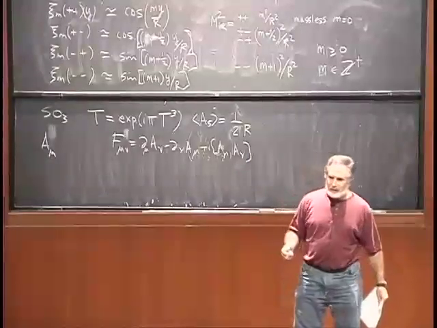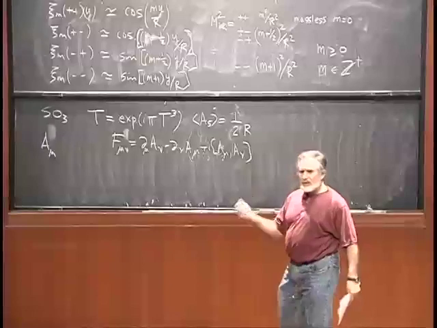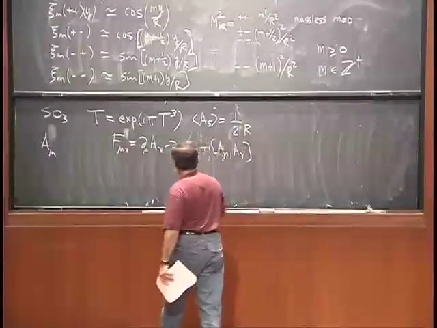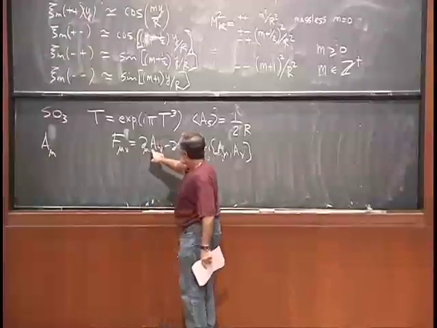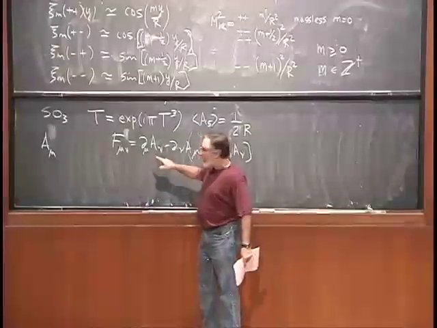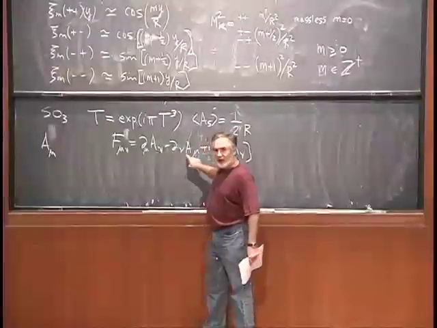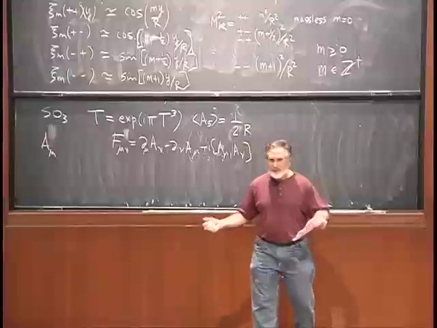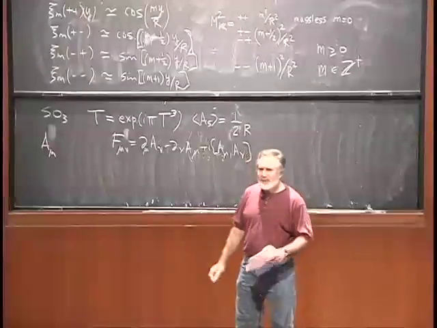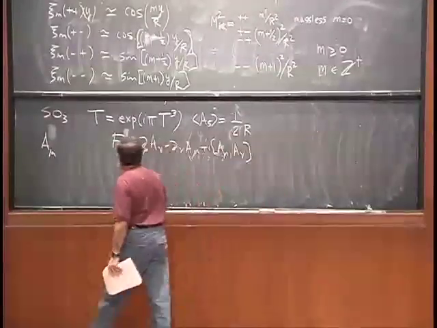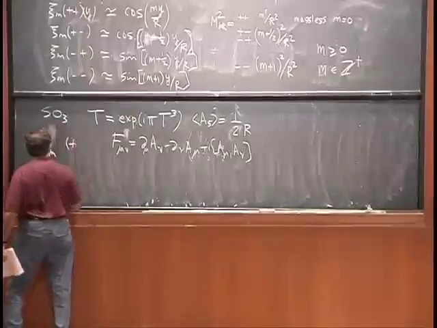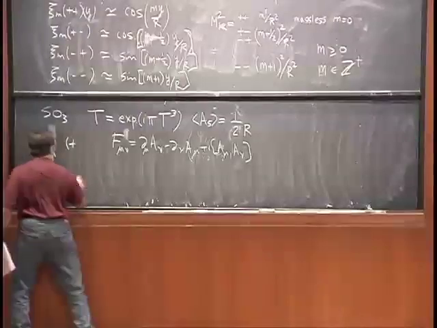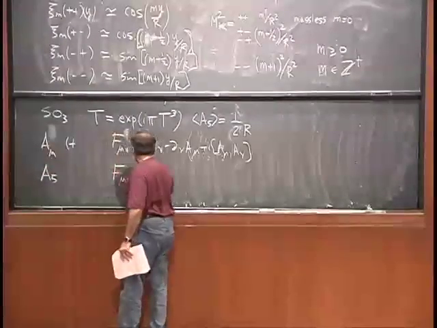It can't be odd. Remember, this has to be a symmetry of the theory. The parity operation has to be a symmetry of the theory so we can project out states. If A mu under y goes to minus y was odd, then these two terms would change sign, but this term wouldn't change sign. And so the field strength would not transform invariantly or covariantly under this parity operation. So we have to choose A mu under the first parity operation to be plus. What about A5? Well, A5 appears in this field strength.